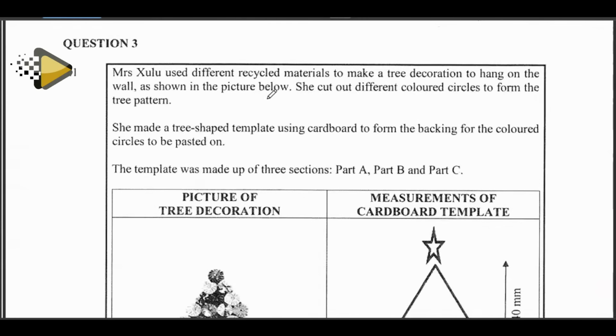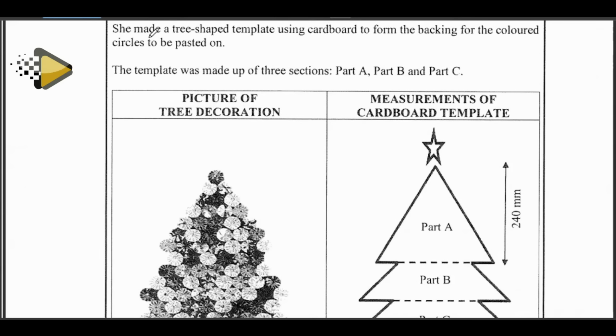Question number 3. Mrs. Polo used different recycled material to make a tree decoration to hang on the wall, as shown in the picture below. She cut out different colored circles to form the tree pattern. Okay. Then we have she made a tree-shaped template using cardboard foam.